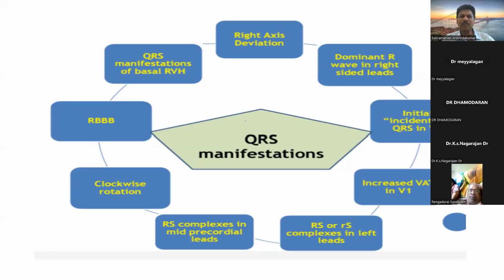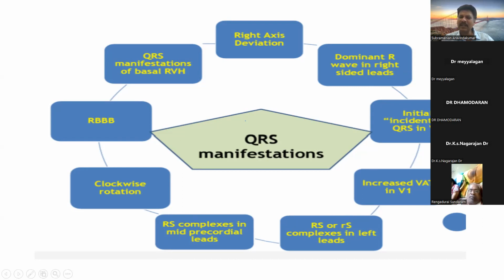V1 and V2 are the right-sided leads among the precordial leads. So in the predominant right-sided leads, instead of a small R and a big S, with right ventricular hypertrophy you will start having a tall R wave, an RS complex.